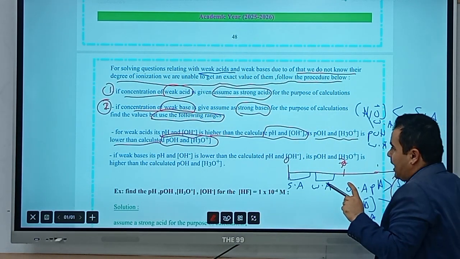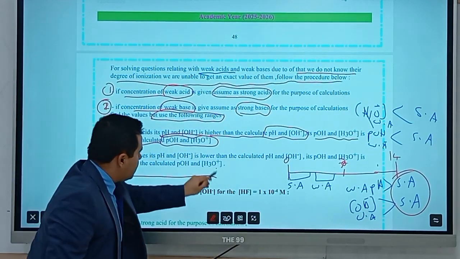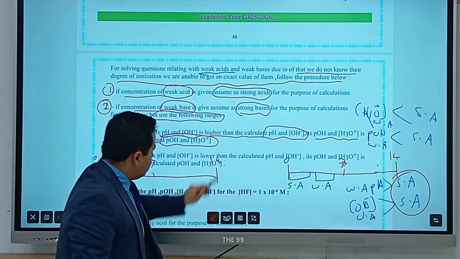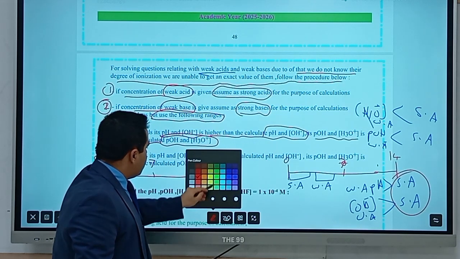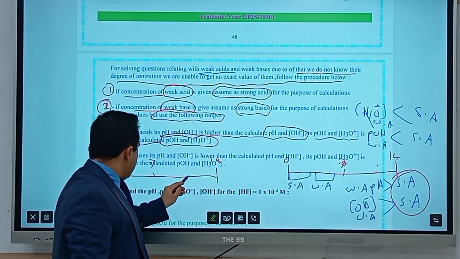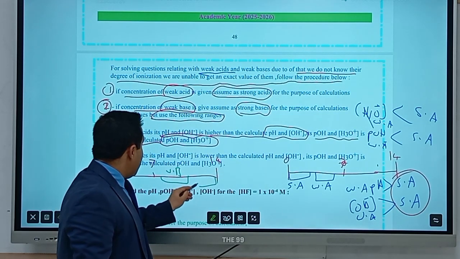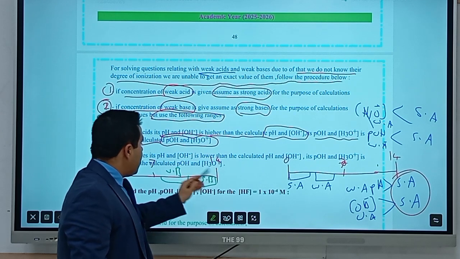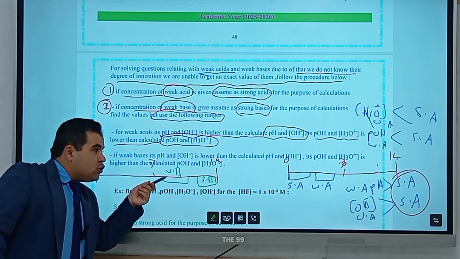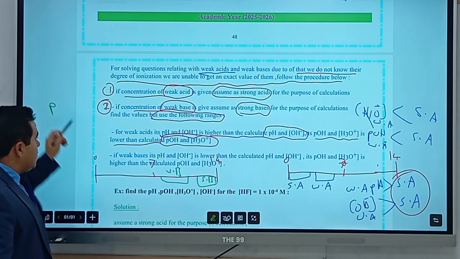For the weak bases, guys, let me show you. 0, 7, 14. The weak bases region here is given in this region. The weak base is in this region, and the strong base in that region. The pH of the weak base is lower than the strong base.